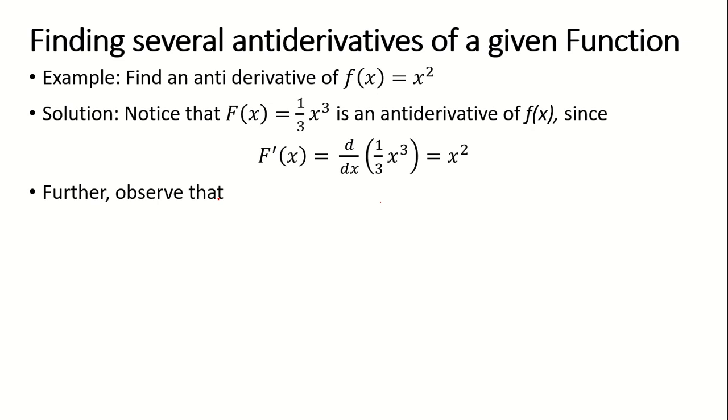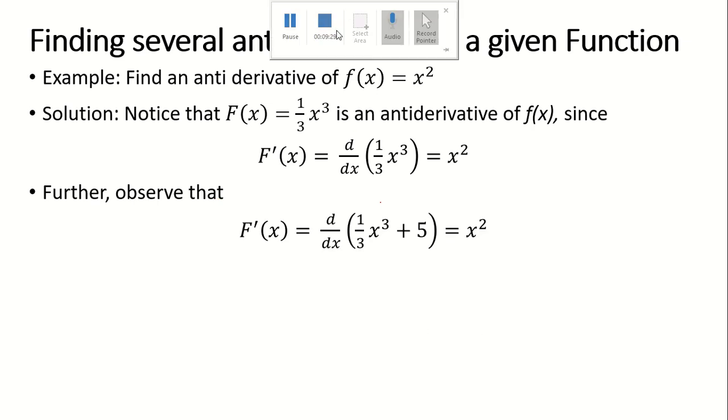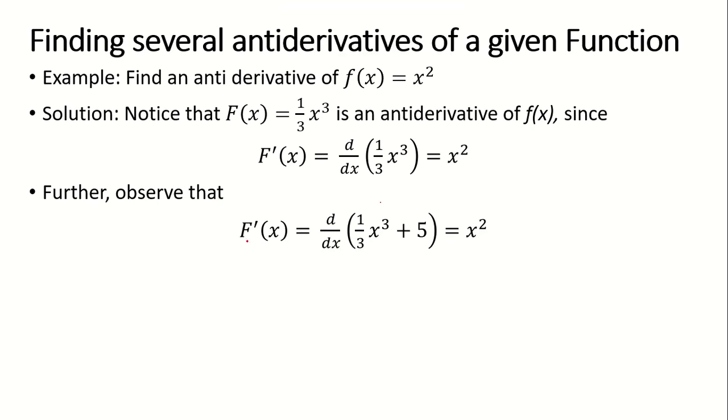Further, observe that capital G prime of x is equal to derivative with respect to x of 1/3 x cubed plus 5 is equal to x squared. So, kung mapapansin nyo, naglagay tayo dito ng plus 5. So, nag-add tayo ng constant.